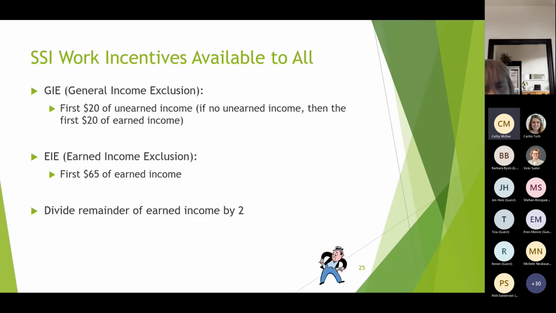The next incentive is the earned income exclusion. So they take $65 off of the first amount that you earn. And then they divide your earnings from work by 2. And that's the amount that they will reduce your SSI check by. Next slide, please.